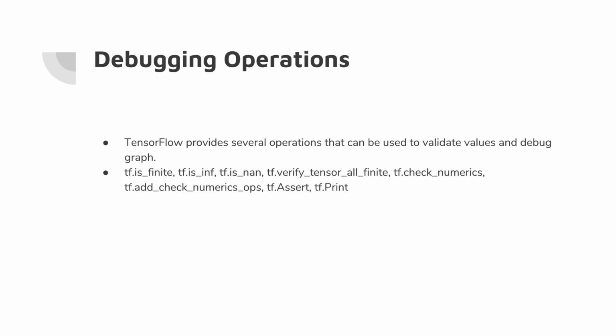If it is finite, we'll have a true value in the output Boolean tensor. If it is not finite, we'll have a false value in the corresponding element. Similarly, is_inf checks for infinite values, is_nan checks for nan values, and so on.